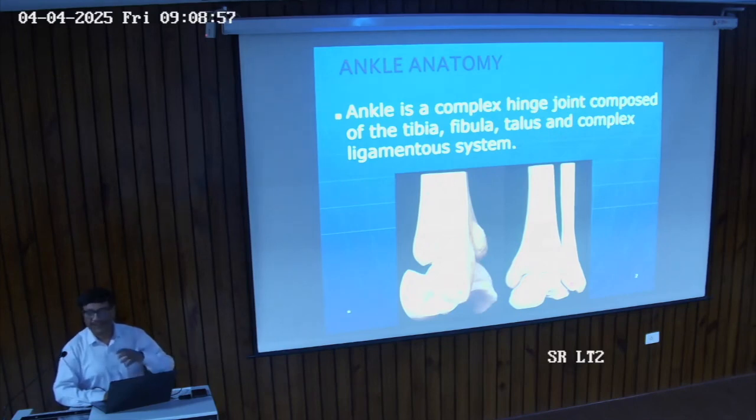It makes a socket into which the dome of the talus sits. So the dome of the talus and the tibial plafond and the lateral malleolus together make the ankle joint.